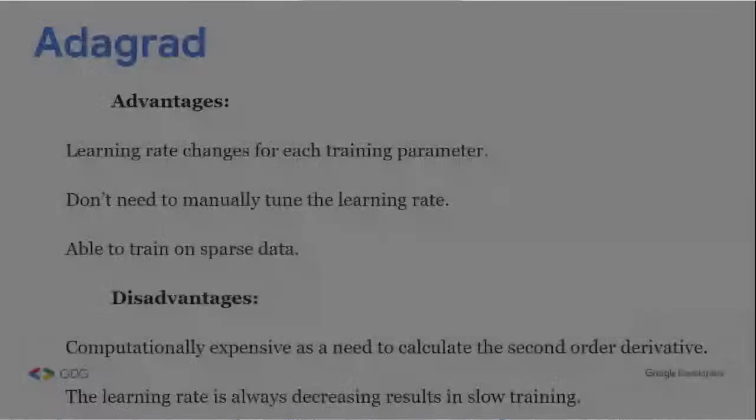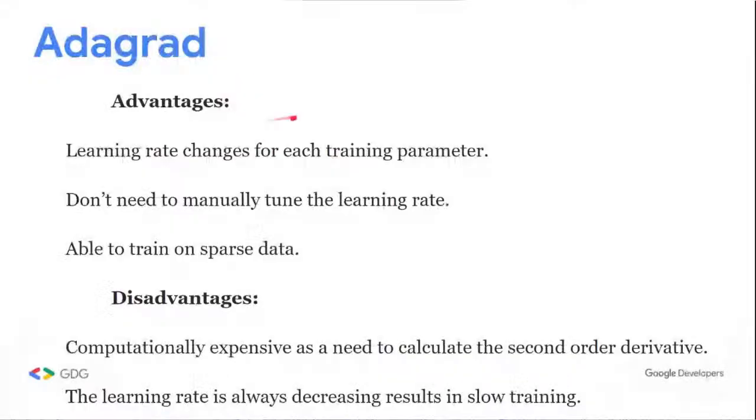Let's check the advantages together. The learning rate changes for each training parameter, we don't need to manually tune the learning rate, and we are able to train on sparse data.